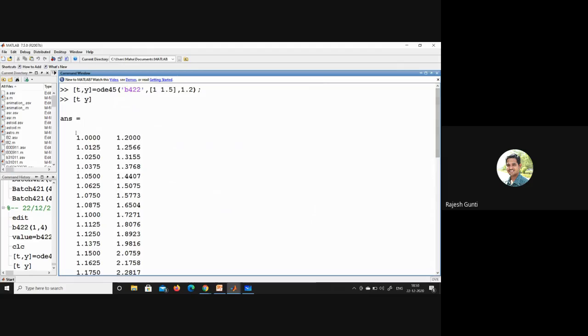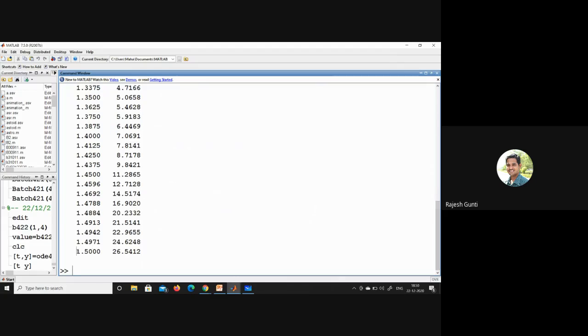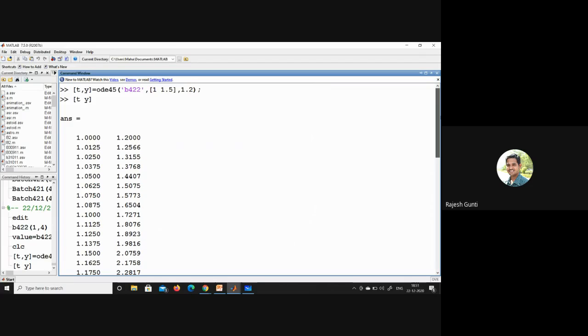At the initial value t is equal to 1, the function value is 1.2. At 1.5, the y value is 26.5412. In the classroom, if you want to solve this differential equation at t is equal to 1.5, we take h is equal to 0.1 and calculate t is equal to 1, 1.1, 1.2, 1.3, 1.4, 1.5, a maximum of 5 iterations.